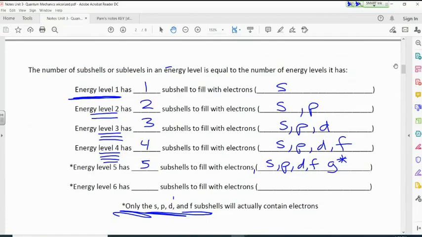We don't really talk about those because that's kind of above our level of chemistry where we're at. So energy level 6 would have 6 subshells, so it could have an S, a P, a D, an F, a G, or an H. And again, that H is going to get an asterisk, the G is going to get an asterisk, because in reality, the electrons don't really go there unless pushed up.